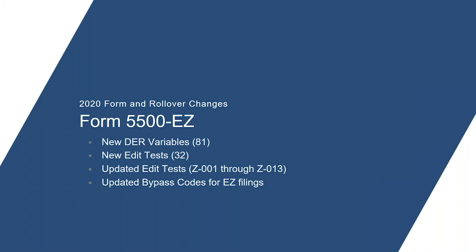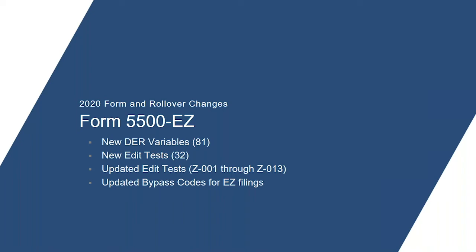Now I will present Form 5500 EZ because this is the first year that Form 5500 EZ is processing through the EFAST2 system. So we all know that prior to the 2020 Form 5500 EZ, filers, including the one participant plan or certain foreign plans, could file electronically using the Form 5500 SF.